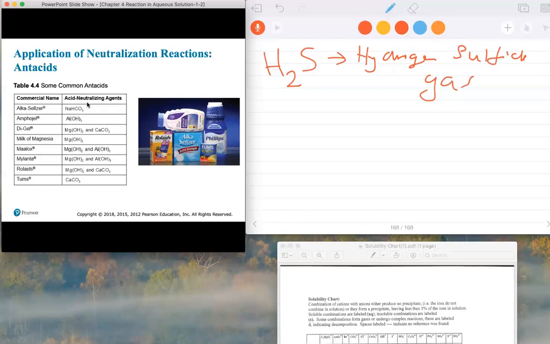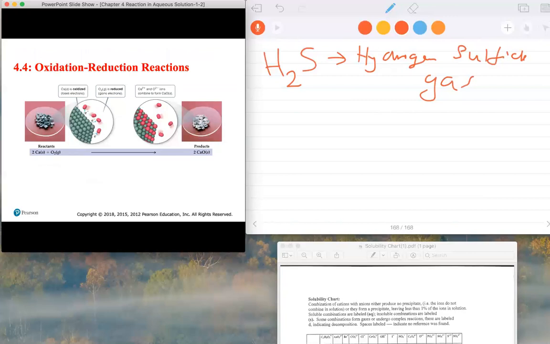Look at all of them, they do have hydroxide. The hydroxide will neutralize the acid or react with the hydrogen ion in the acid. You can read more on how each one works if you want to, but the purpose is to neutralize the hydrogen ions.